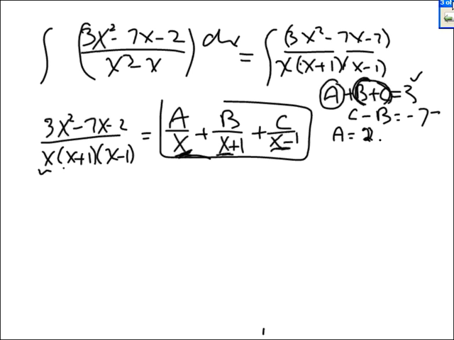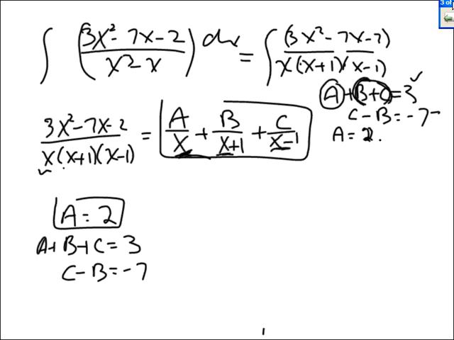So now we want to solve this. We know that a is equal to 2, and that a plus b plus c is 3, and c minus b is negative 7. Well, a is 2. That means this is 1. 2 plus 1 is 3.